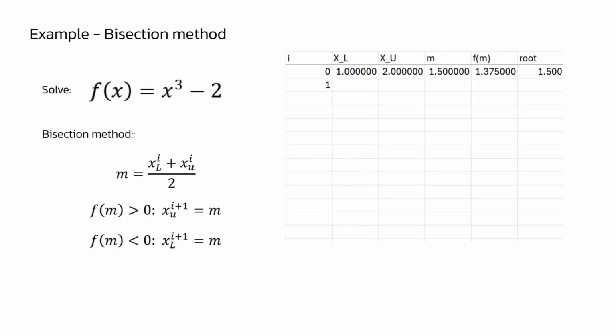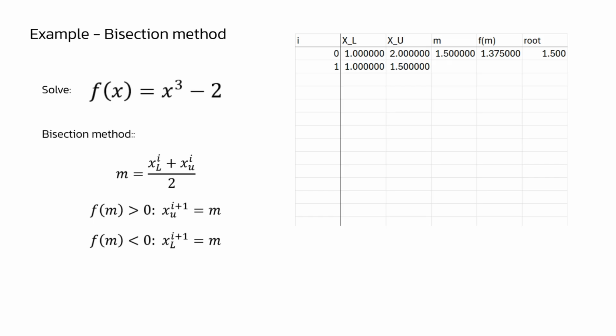From your first iteration, you will want to input your values into the table. You can see that the residual, which is f of m, is more than 0. So follow this rule and update your xl and xu for the next iteration. Our residual is more than 0, so the xl is the same, but the xu is updated to 1.5.